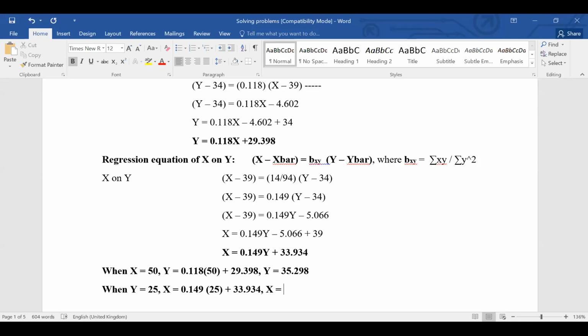Anyone got the x value? Thank you, Shubham. 37.659. Christy, 37.659. Please cross check, 37.356 given. Yeah, 37.659. Okay, good, fine.